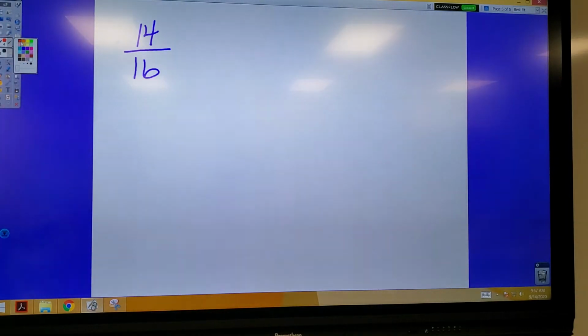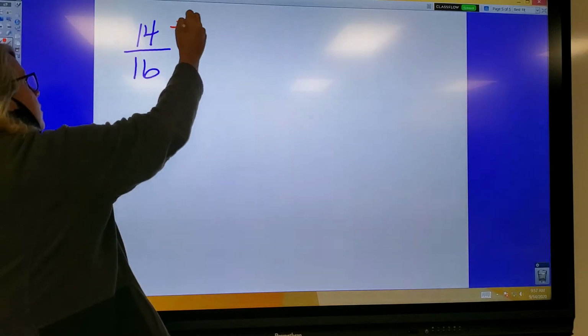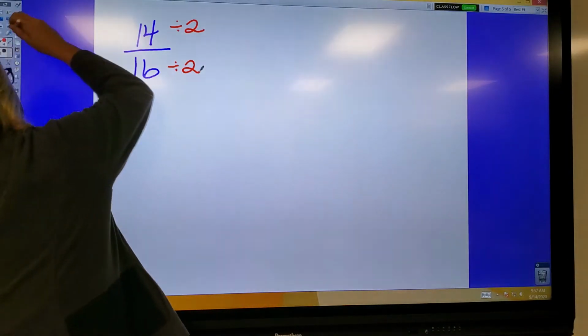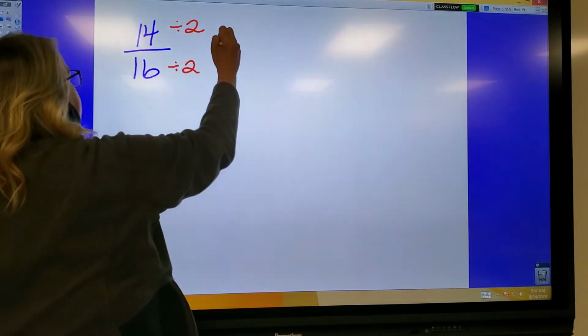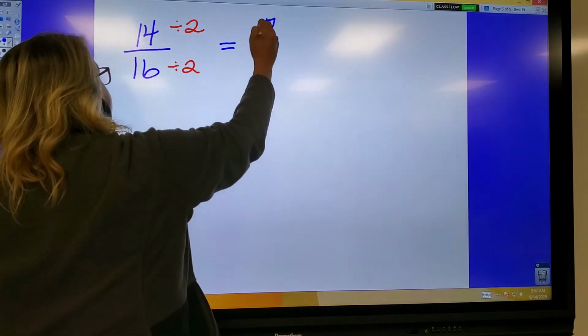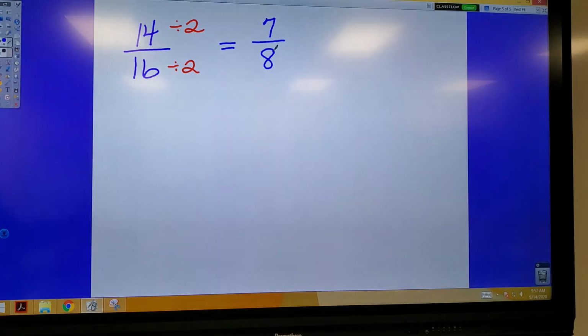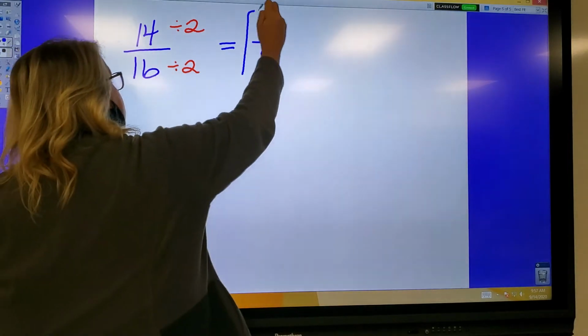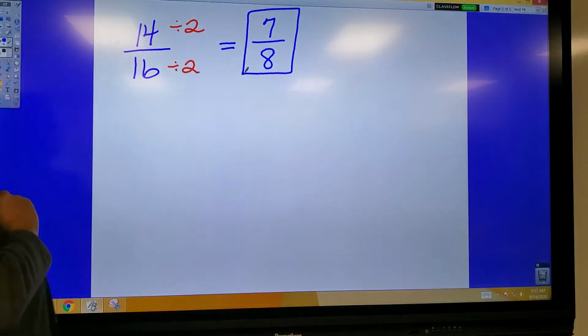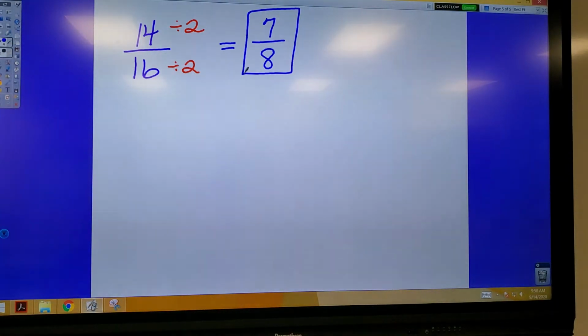They're both even, so that's always a good place to start. If I divide them both by 2, what's 14 divided by 2? 7. And 16 divided by 2? 8. They're not both even anymore. I have 1 odd and 1 even. 7 and 8, that's all I can do. So 7/8. All right, we feel okay with simplifying these?